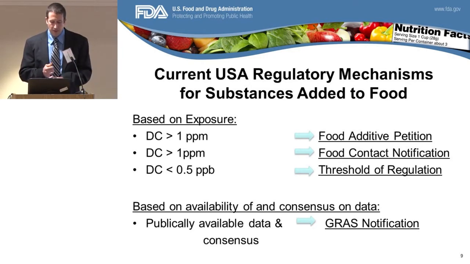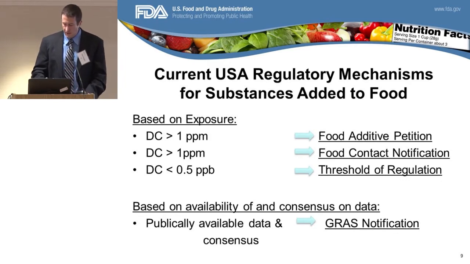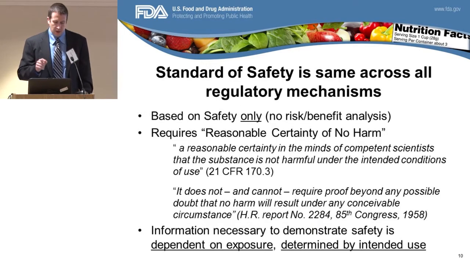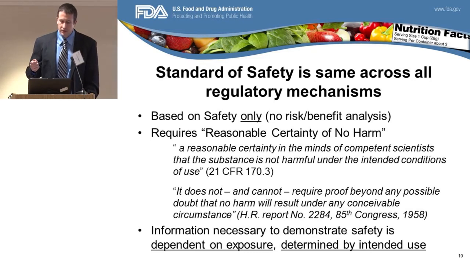So data must be publicly available, and there must be a public consensus that the use is generally recognized as safe. And those can be submitted to the agency through the generally recognized as safe or GRAS notification program.